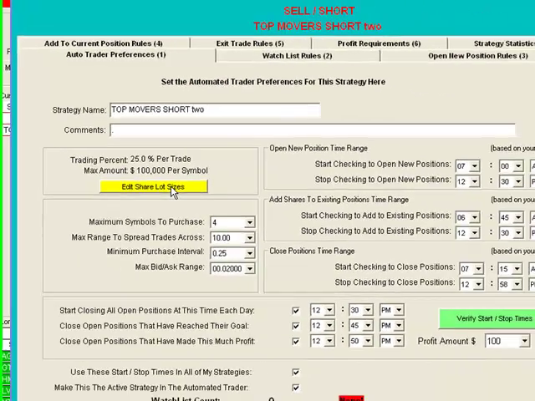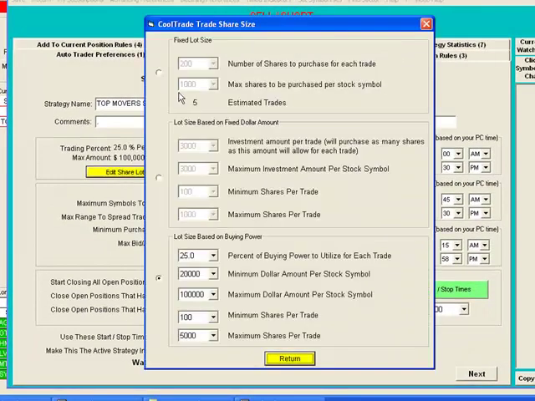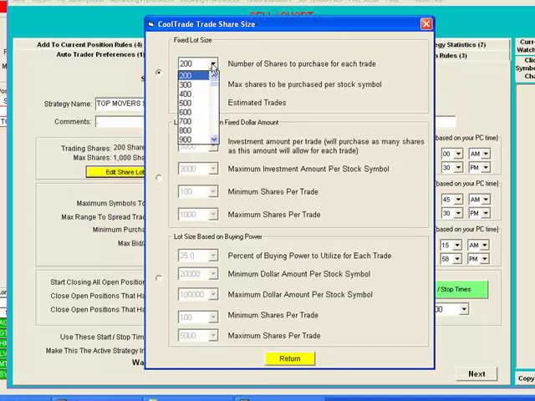and you'll see here that you can trade in multiple different increments. You can trade as a number of shares alone up here. 200 or 1,000 is just what this is set at. So with this strategy, if it's 200 and 1,000, that means every time it buys a stock initially, it would just purchase 200 shares, and the 1,000 is the max shares to be purchased per symbol.